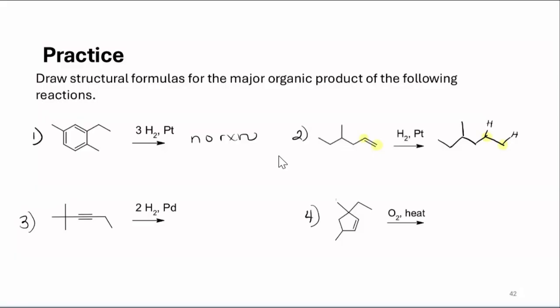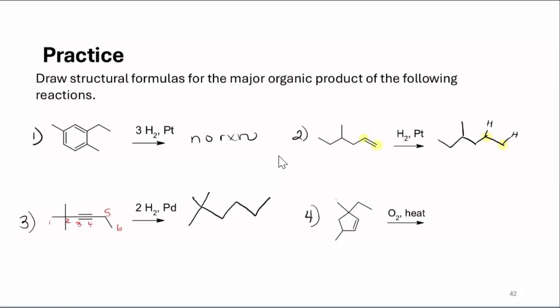In example number 3, we have 1, 2, 3, 4, 5, 6 carbons. Carbon 3 and carbon 4 are going to each receive two hydrogens. So I have to make sure that when I rewrite my molecule, I include everything that was given in the beginning because I'm not going to change the number of carbons. So I'm going to draw 1 carbon, 2 carbons, 3 carbons, 4, 5, and 6. On carbon number 2, I have 2 methyl groups.